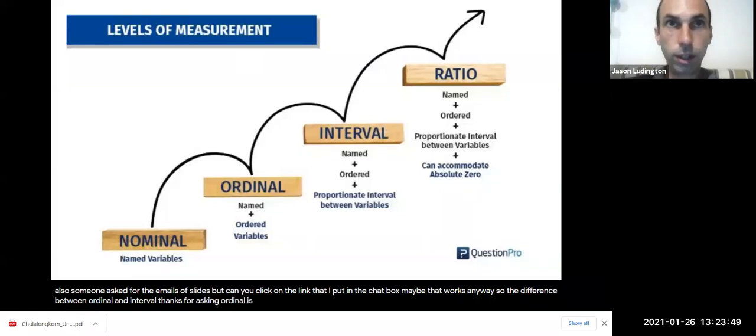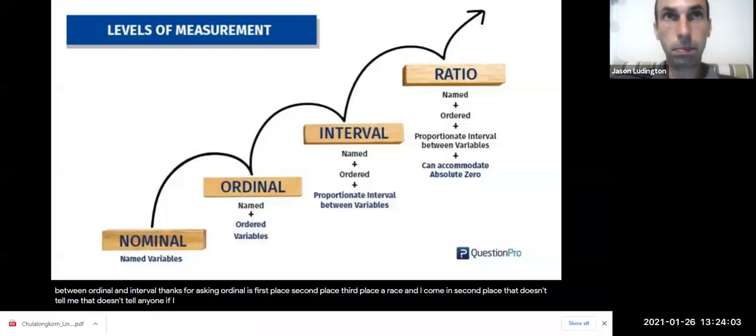Ordinal is first place, second place, third place. If we run a race and I come in second place, that doesn't tell anyone if I came second place following the winner by 1 second or 1 minute.